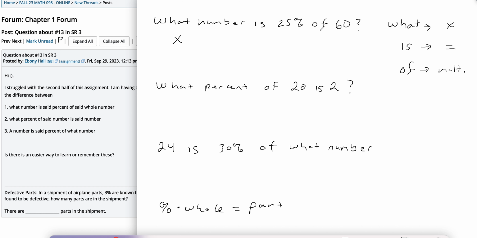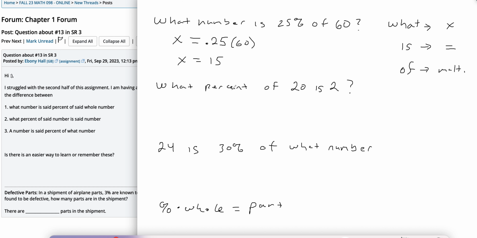Is, that is equals 25%. Okay, so we do our 0.25. Of is times, I'm going to use a parenthesis for that because we use x as a variable for algebra, and then 60. Boom, and there it is. So x equals 0.25 times 60, and you should find if you toss that into a calculator, it would be 15. So that's that one.